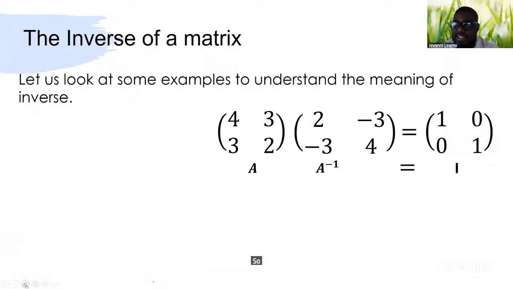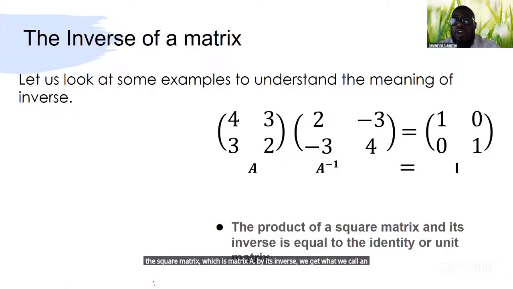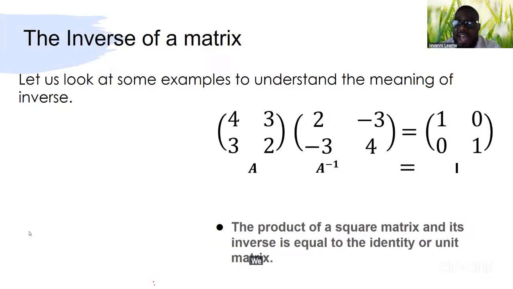So when you multiply the square matrix A by its inverse, we get what we call an identity or unit matrix. Instead of saying we divide the matrices and get the identity matrix, we actually multiply the matrix by its inverse, and we will always get the identity matrix.